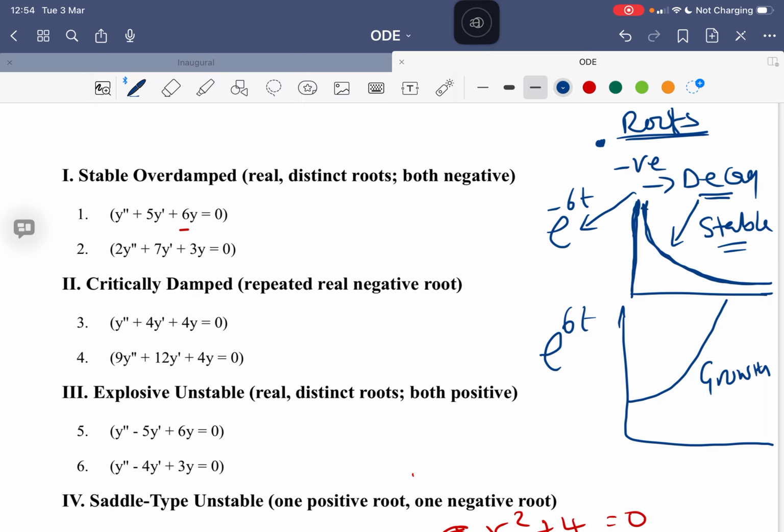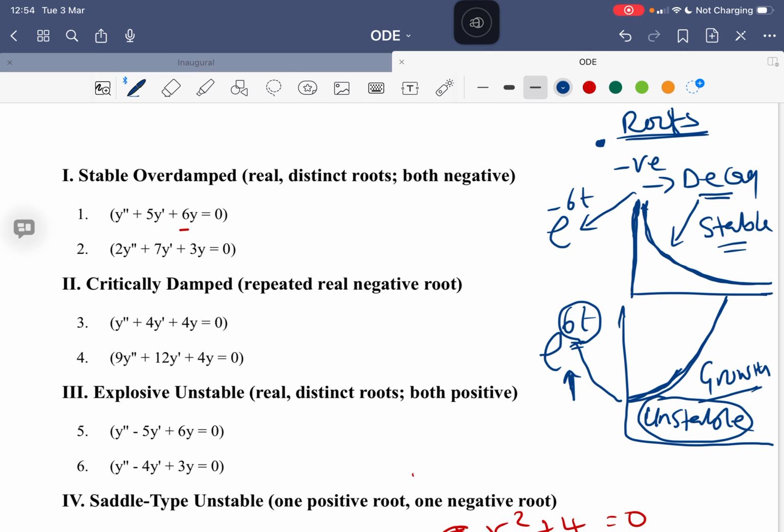Anytime we have a positive exponent here, we are going to have growth, and even if the cause is very small, it will grow like this exponentially. This growth can bring instability sometimes, so unstable. So anytime we have positive roots, the positive root is indicating the system is going to be unstable.